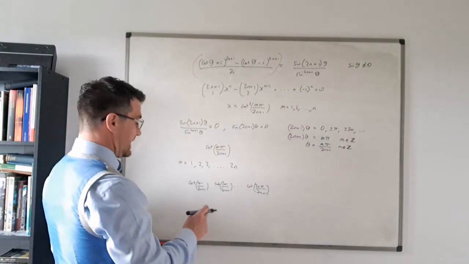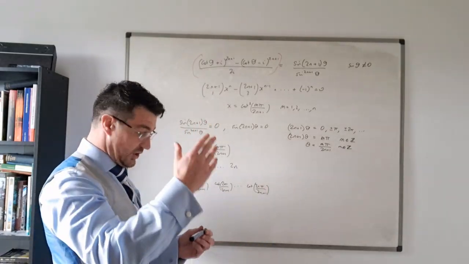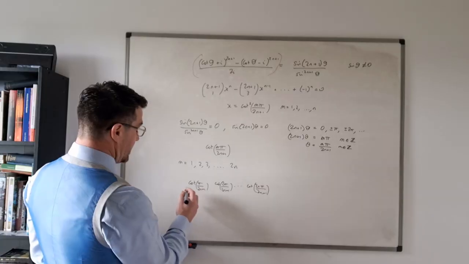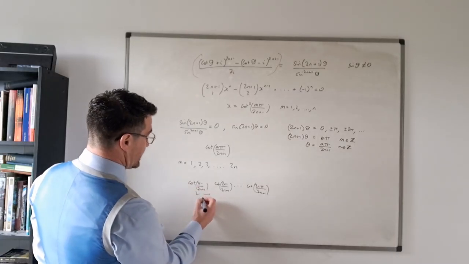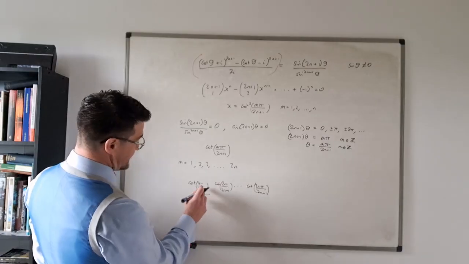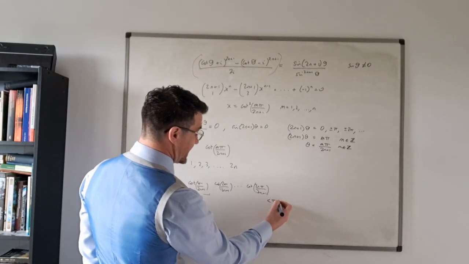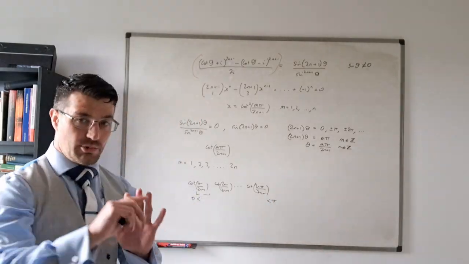Okay, and because of the shape of the cot graph, well, this is going to be greater than 0. So 0 is going to be less than this value, and this value here is going to be less than pi. So we're fine then.